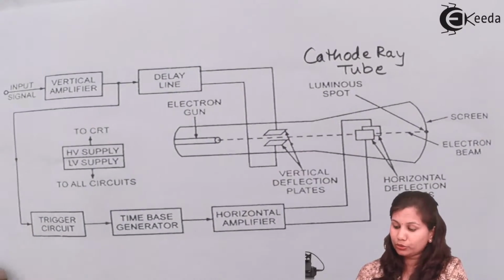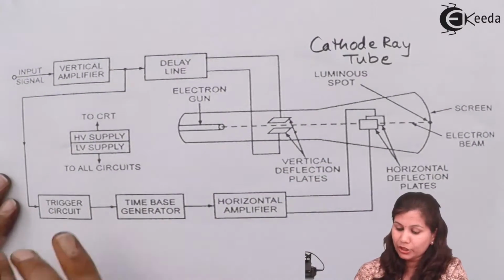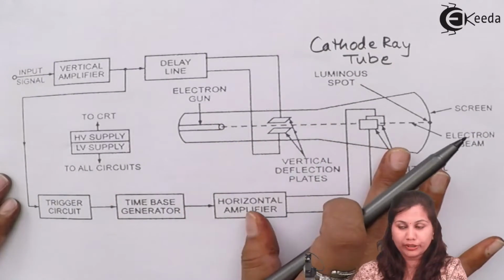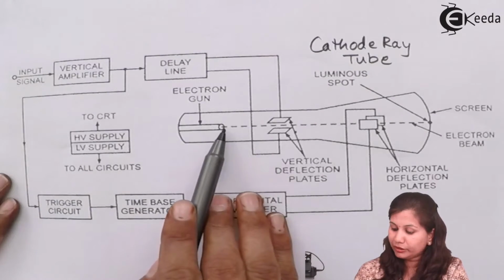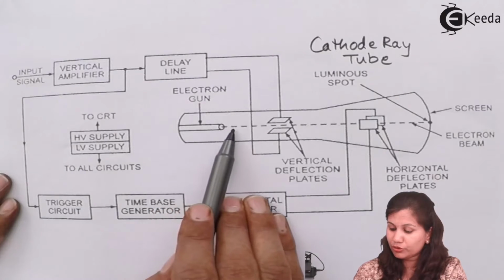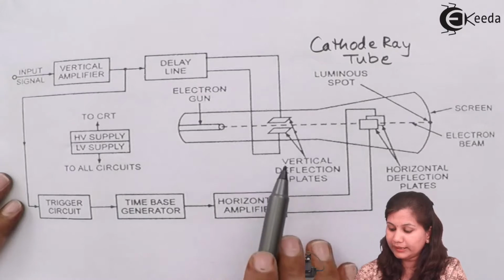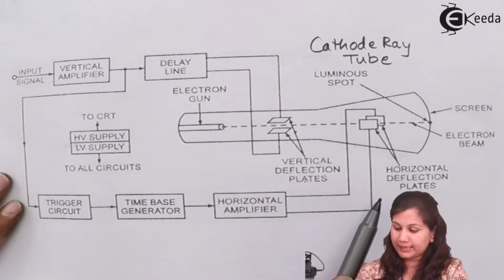Now coming back to the block diagram where all the components are represented, you can see that we have studied the cathode ray tube, in which we studied the electron gun. After the beam of electrons comes out through this electron gun assembly, it passes through the vertical deflection plate system and horizontal deflection plate system.